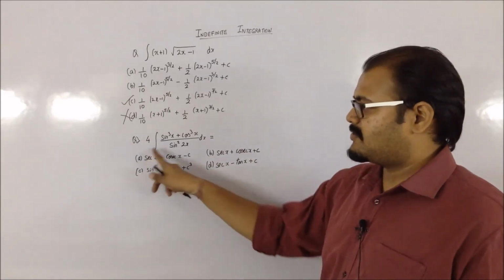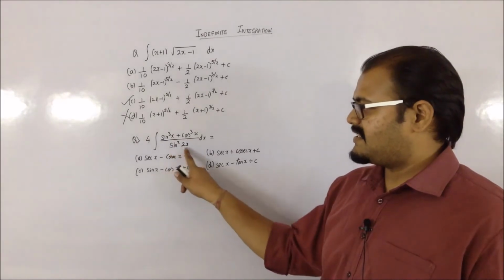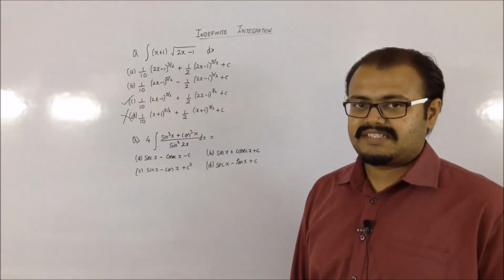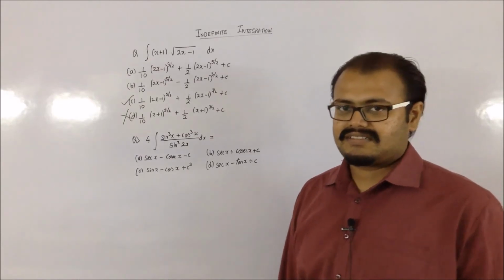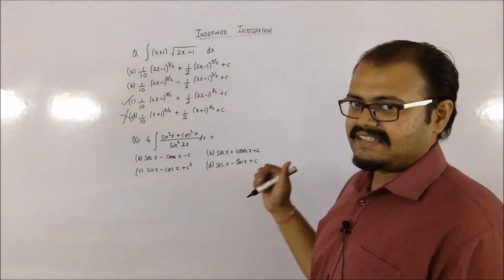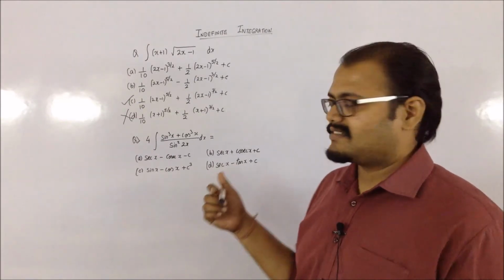They have given 4 integral of this particular thing. Now in this you are familiar with this term, that is sin 2x. Sin 2x has a value 2 sin x cos x. So let us try to manipulate that and find if it is going to help me in solving this integral.